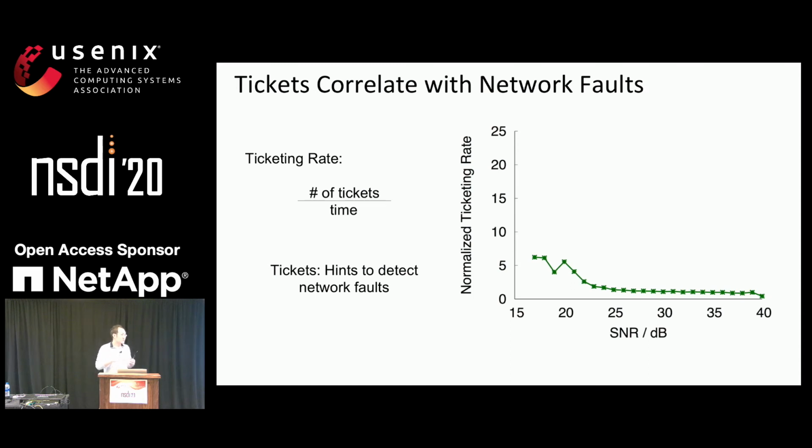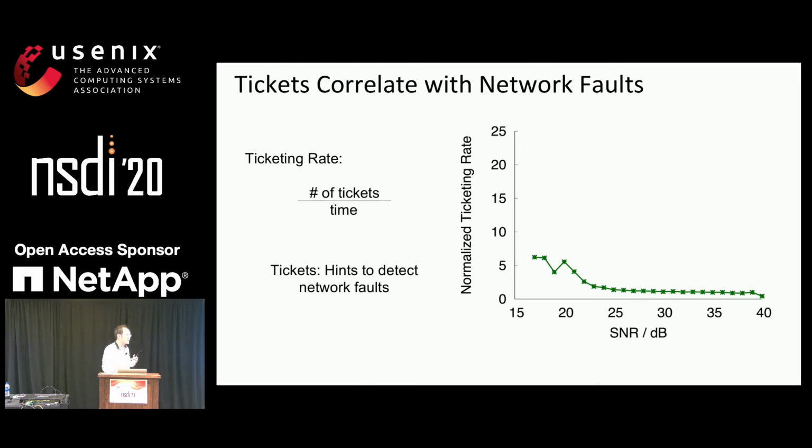So here comes a very important observation: the tickets have a strong correlation with the network faults. Firstly, we define the average number of tickets per unit time as the ticketing rate. It is basically the number of tickets divided by the length of the time period over which the tickets are reported. From this figure, we can see that when the SNR becomes too low, the ticketing rate becomes higher.